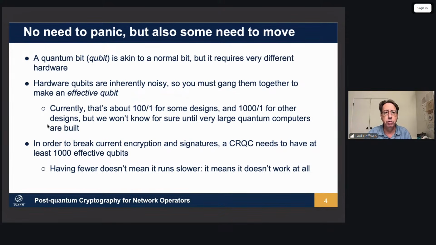That's not true for CRQCs. For a CRQC, you have to have the minimum number, which is approximately 1,000, maybe more, effective qubits, which means you might have to have 100,000 or 1,000,000 for it to really work. It's not that you can make a small one that runs slower and just run it longer. You have to have that minimum.